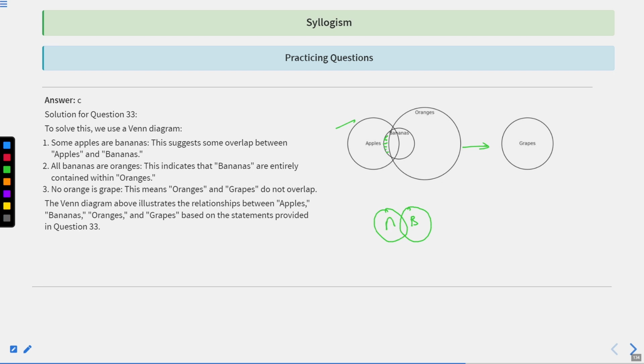So some apples are bananas. This is clear. Now all bananas are oranges. So we say all bananas are oranges, and then no oranges is grape. So this is the correct representation.